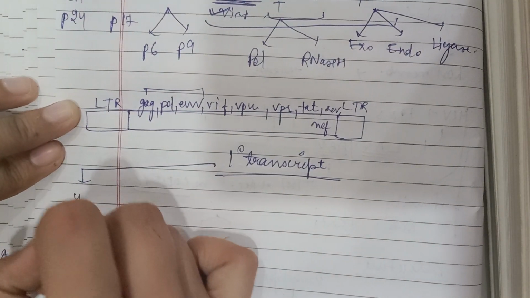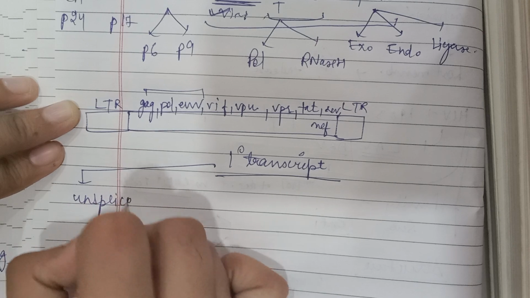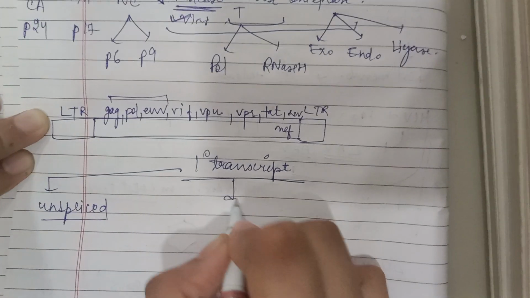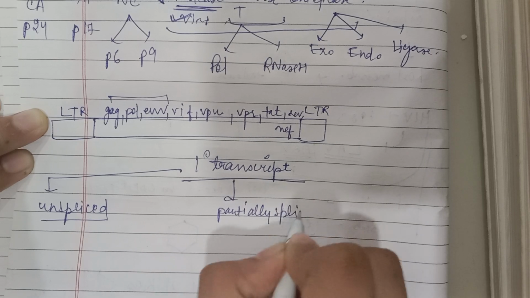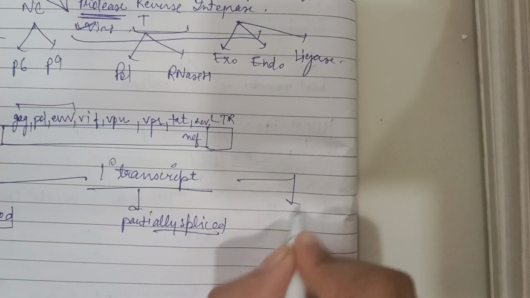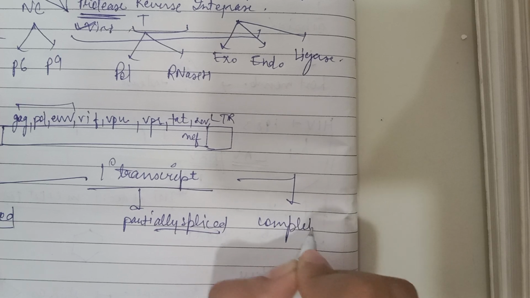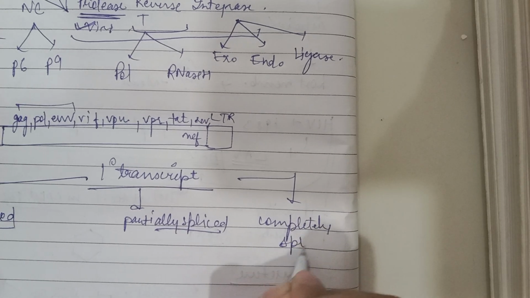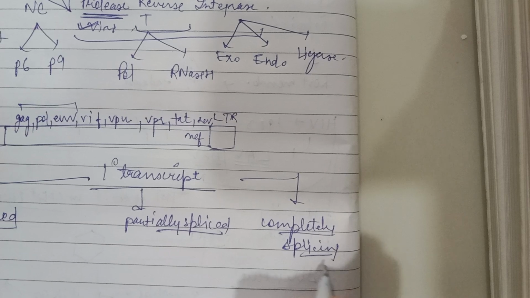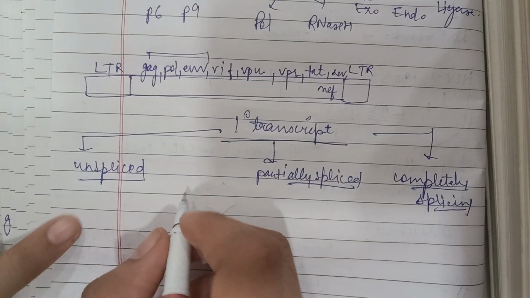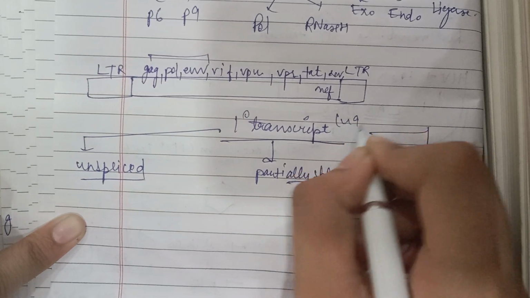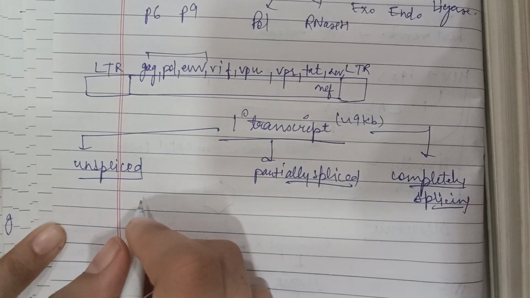Let's look. It may be unspliced, partially spliced, or completely spliced. Splicing is removing of introns and sealing of exons back. Primary transcript is approximately 9 kb in length.